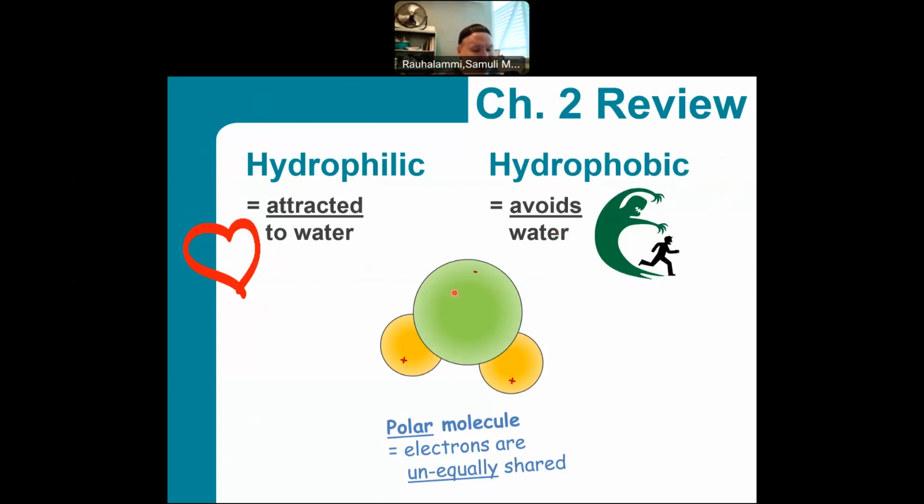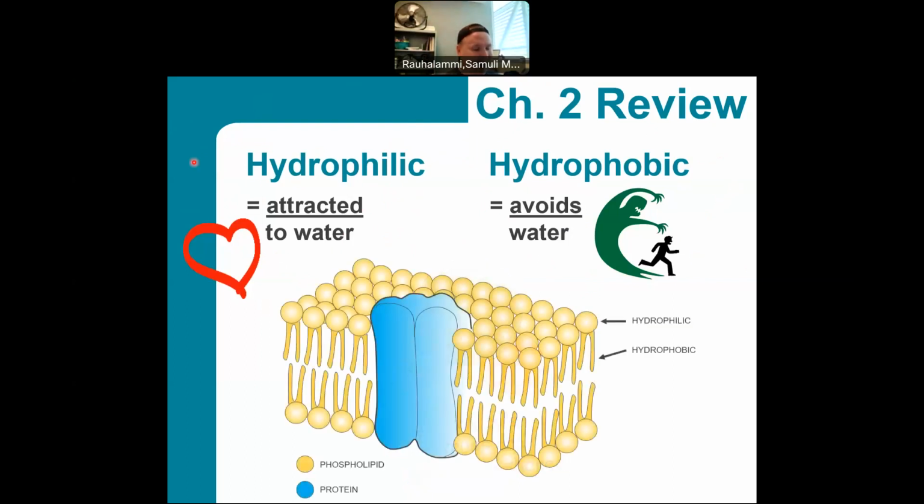So we see again these water molecules and the polar nature of water molecules being very important. And where we see this hydrophilic and hydrophobic concept is, for example, when we look at the phospholipids. Phospholipids are what our cell membranes are made of.